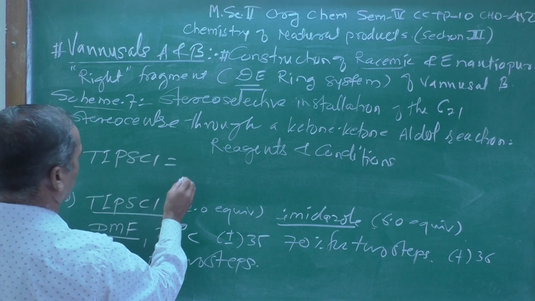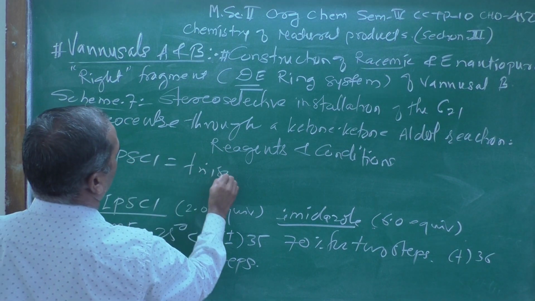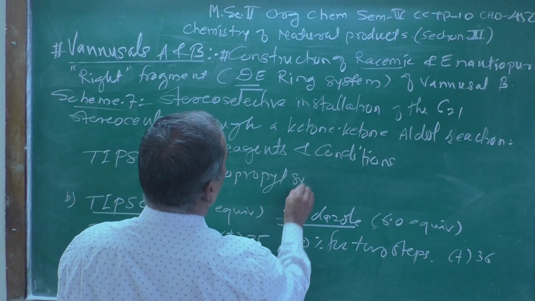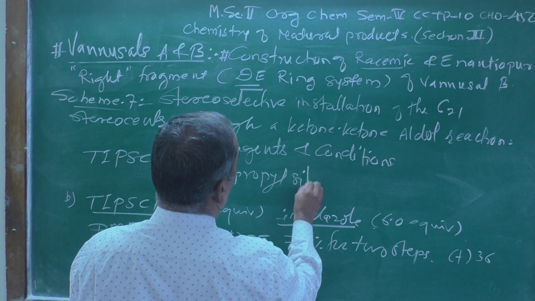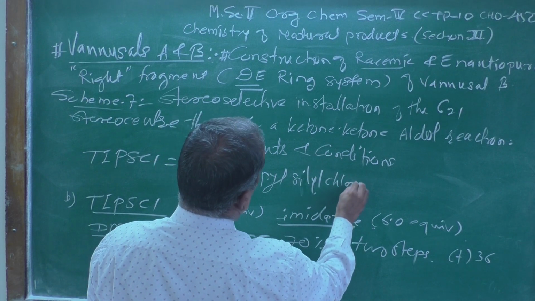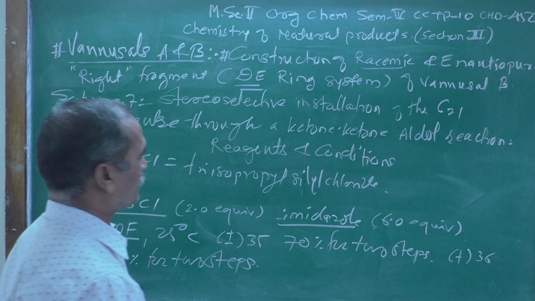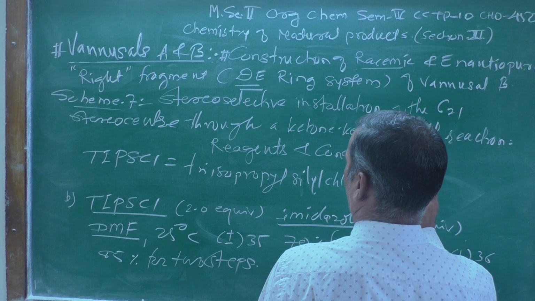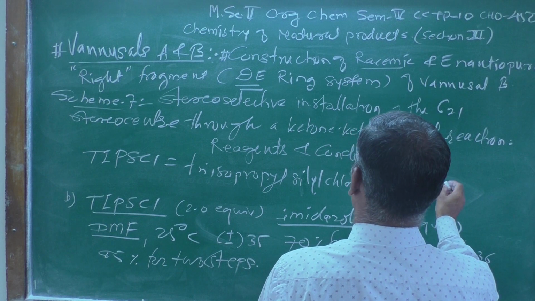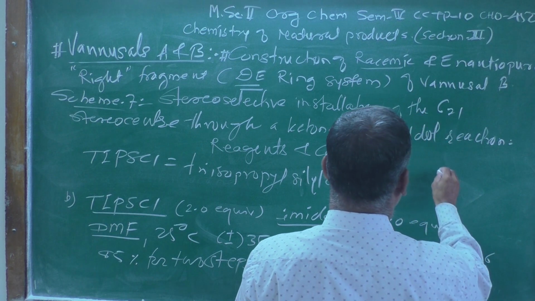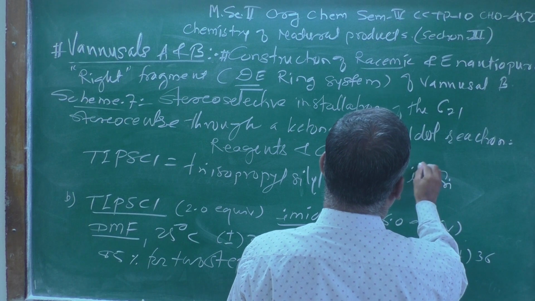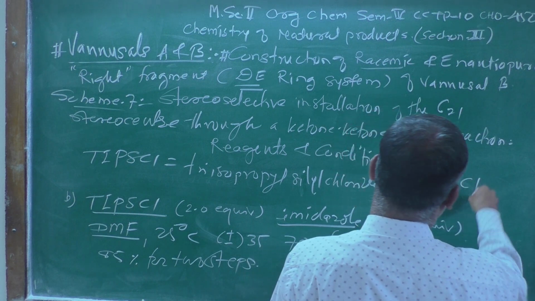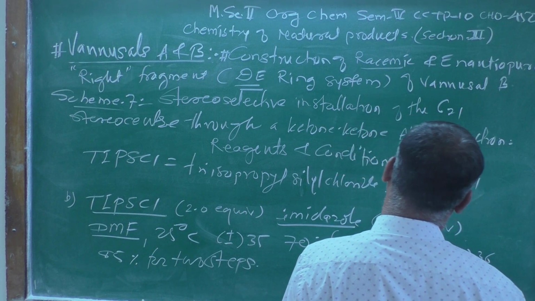TIPSCl is nothing but triisopropylsilyl chloride, that is the full form. Here silicon, triisopropyl means iPr3, and Cl; in short you can write it like this.